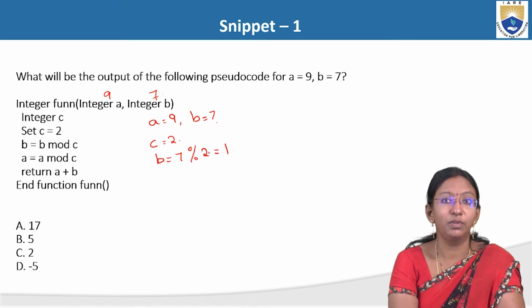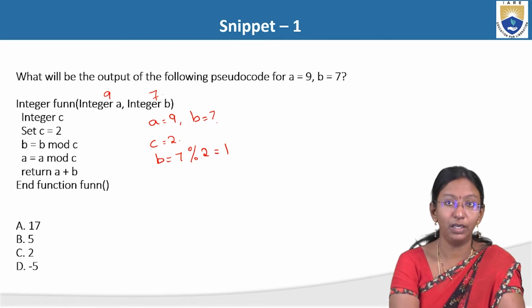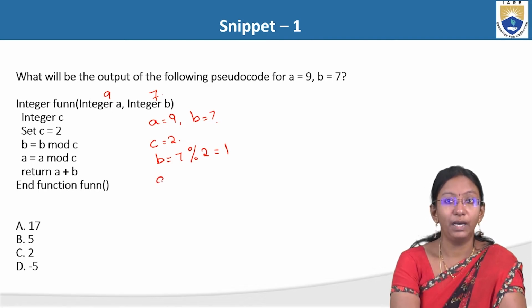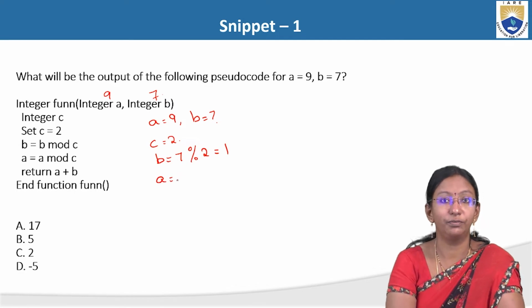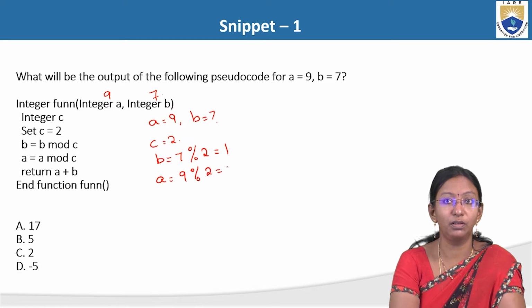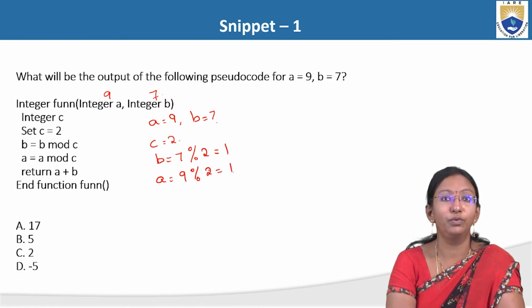The similar logic we use to check whether a given number is even or odd. When you calculate the same operation for A mod C, that is 9 mod 2, the result will be 1. Now the new values of B and A are 1 and 1 respectively.